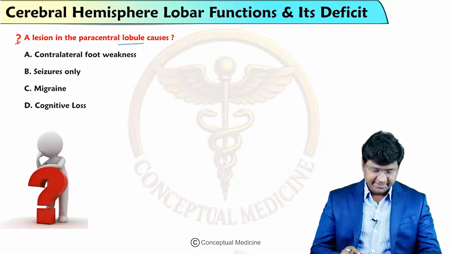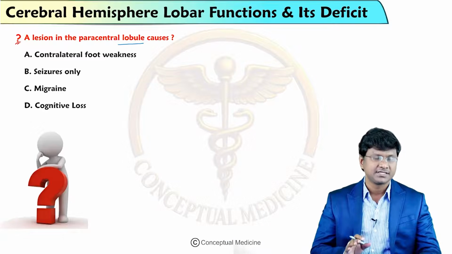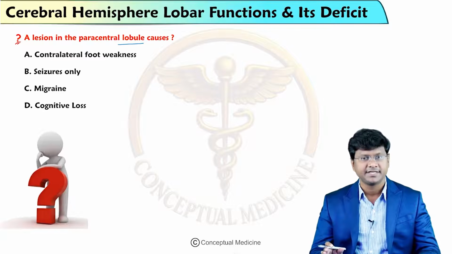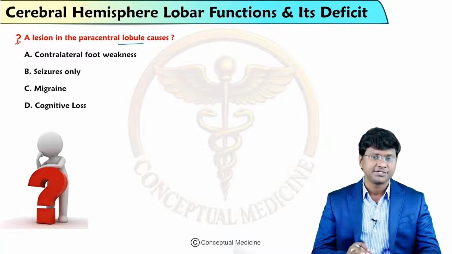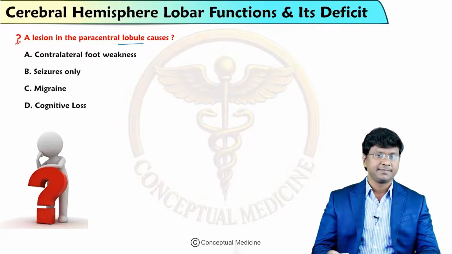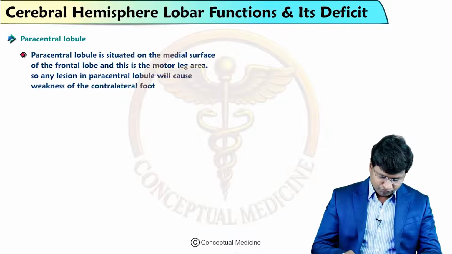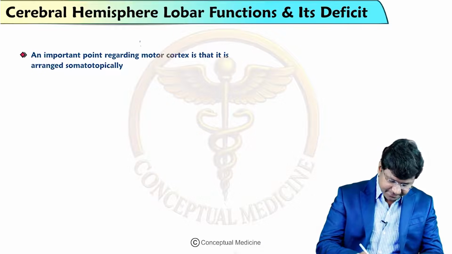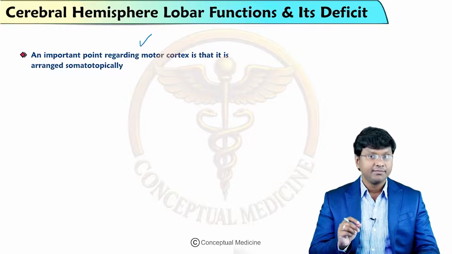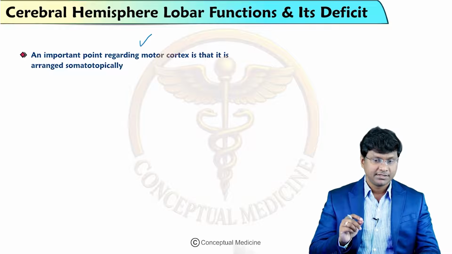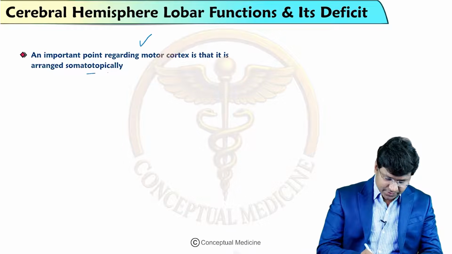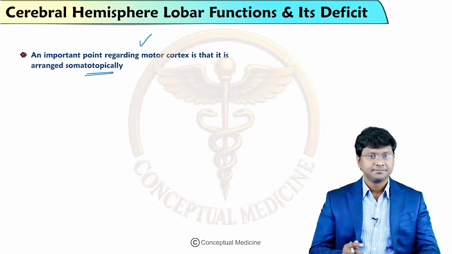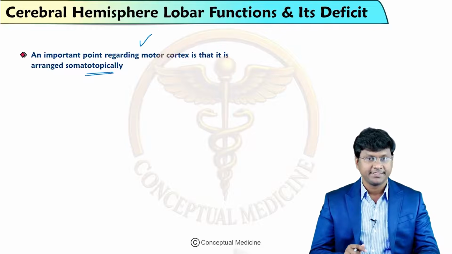So for that, let me discuss the basic structure of the lobes of the cerebral hemisphere and their functions, and simultaneously what the clinical features will be whenever there is damage to that particular part of the cerebral hemisphere. Regarding the motor cortex, the anatomical parts of the body are arranged somatotopically.